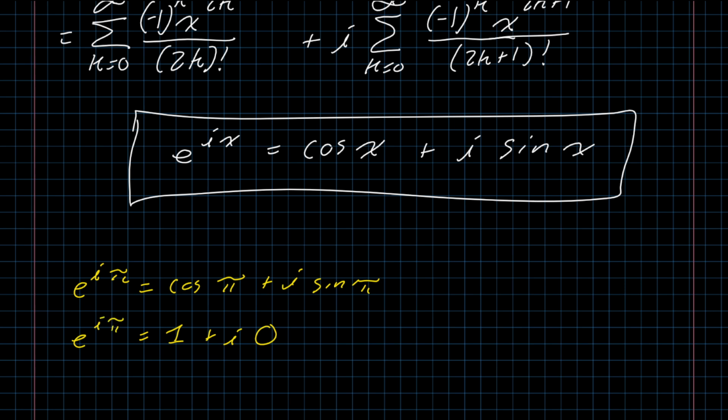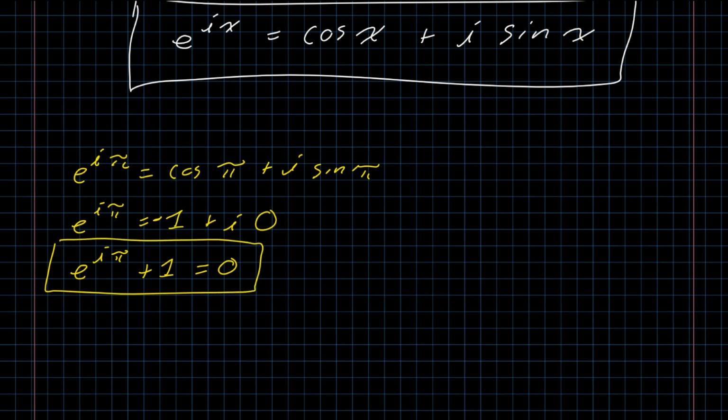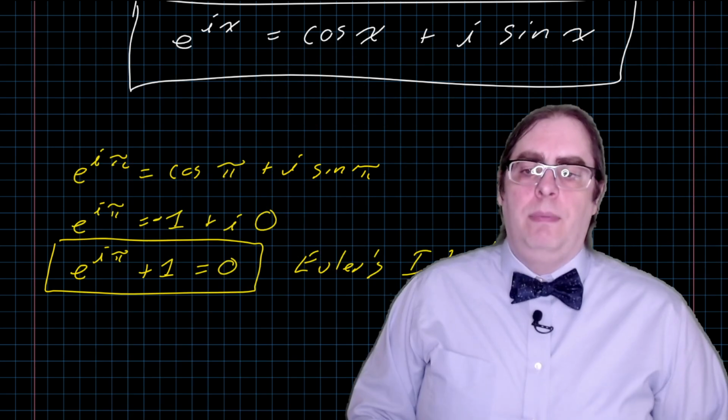And then this equation is typically rearranged ever so slightly to write that e to the i pi plus 1 is equal to 0. This equation is sometimes called Euler's identity. This is one of the most beautiful equations that was ever written down.